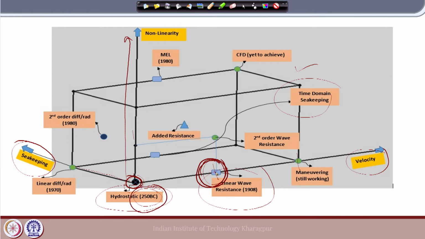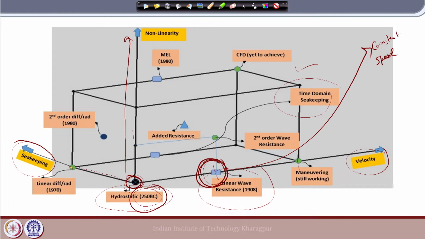Now, this point particularly has no waves, of course, because it is in this axis where wave is 0. So here you have no waves, and the ship is moving at a constant speed. When the ship is moving at a constant speed, we call this a typical wave resistance problem.